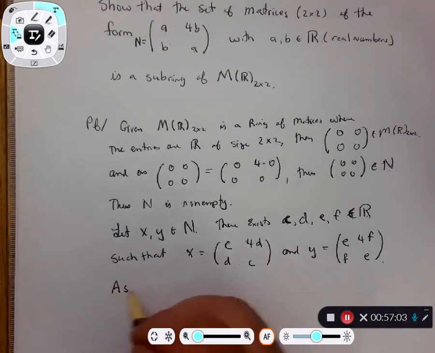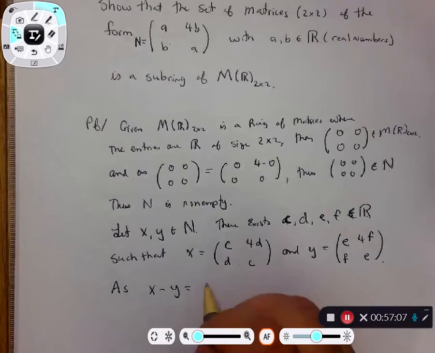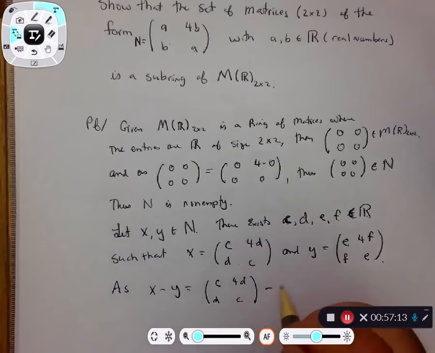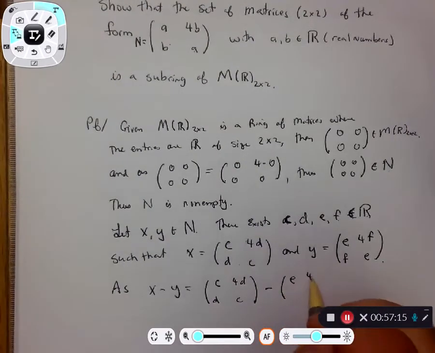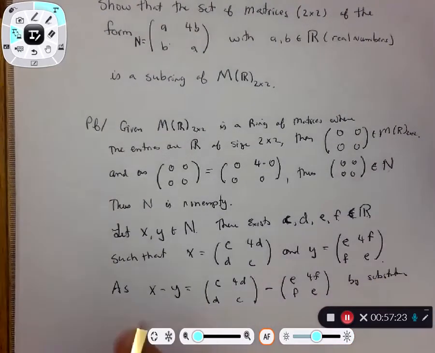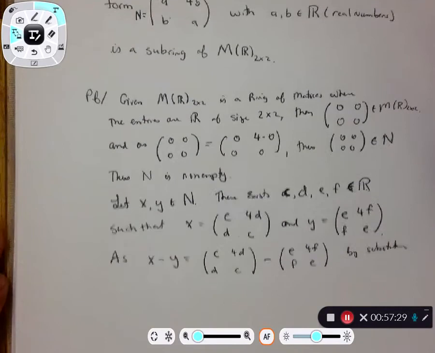Now x minus y, closure under subtraction, what would that be equal to? That would be equal to C, 4D, D, C, minus E, 4F, F, E, by substitution. So we need an equation. You start on one side and just substitute it in, creating yourself an equation here. That'll be helpful on your test later on too.